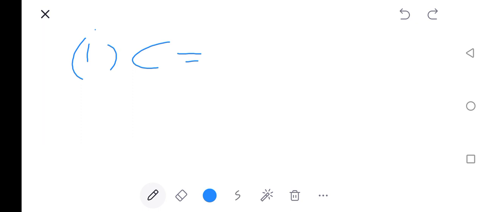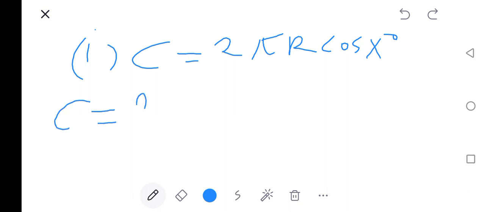Circumference is equal to 2 pi r cos x degrees. So the first question is saying you should find the circumference in nautical miles. Pi, they always give 3.142.